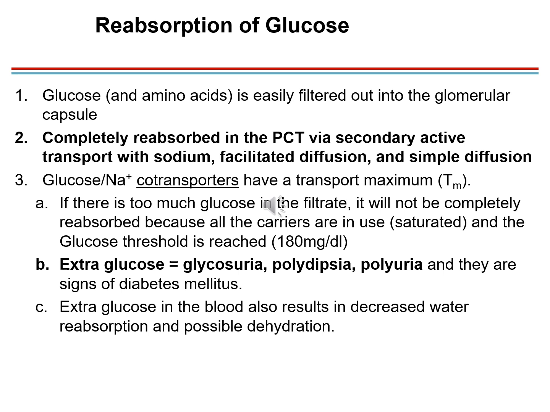In other words, we shouldn't have one molecule of glucose in the urine that we excrete. How it is reabsorbed is through different mechanisms. Some of them are by passive transportation, some of them are by active transportation.